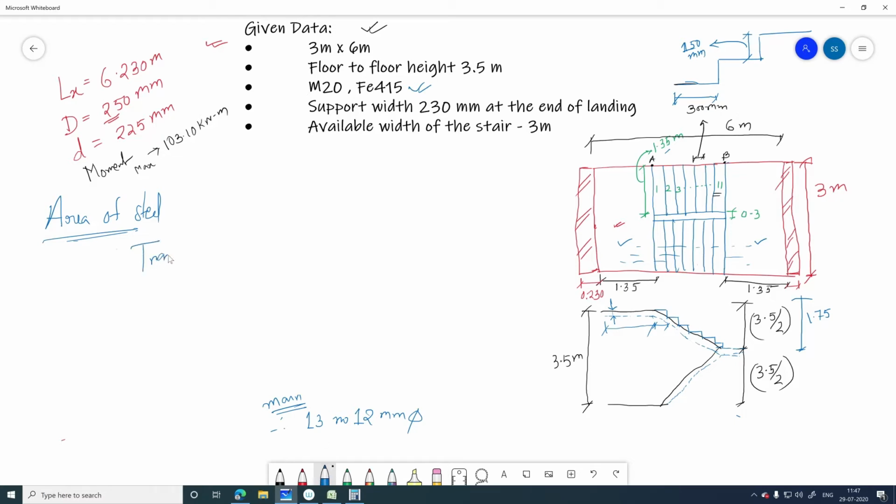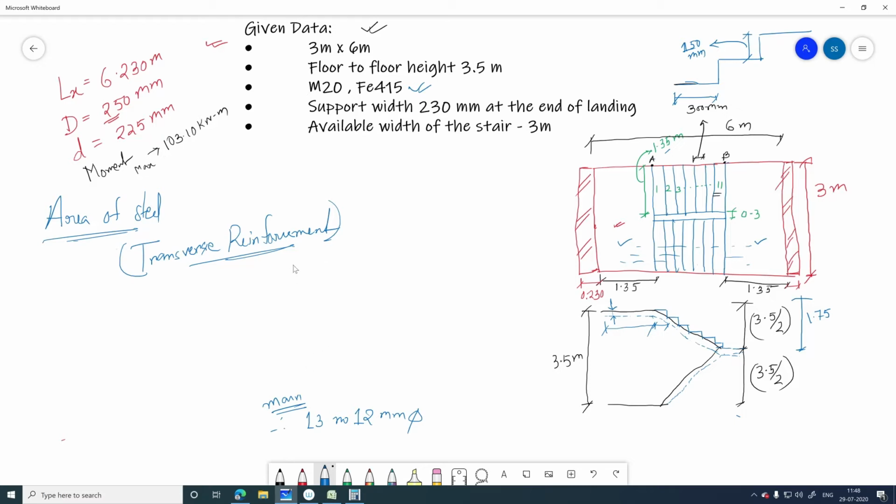Likewise we have determined the transverse reinforcement in slab.